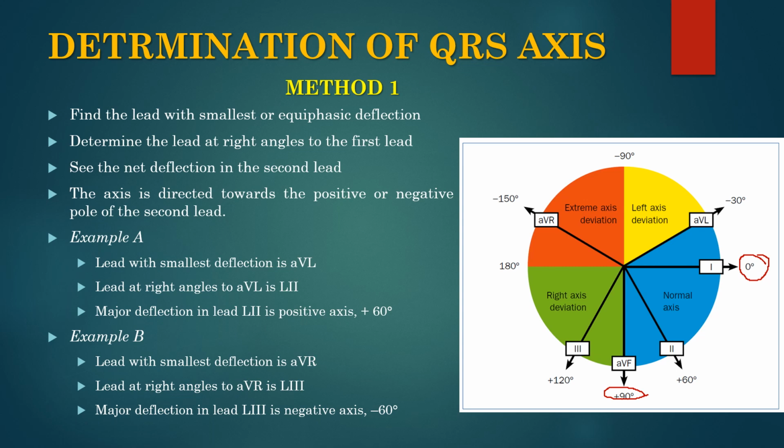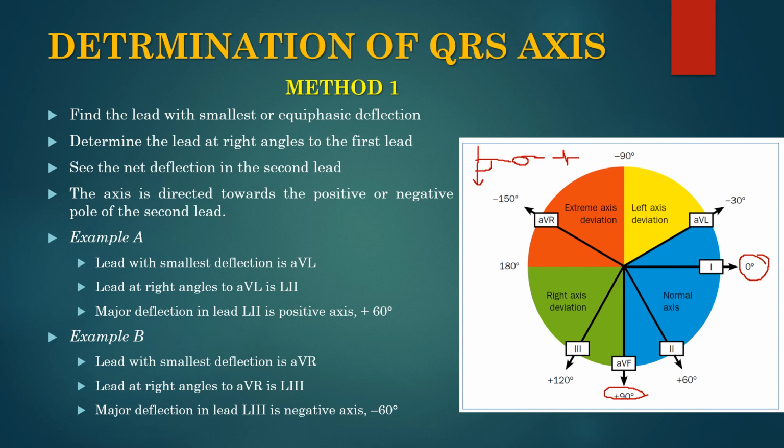The main rule is that the resultant vector will produce positive deflection towards its main axis. If someone is viewing that resultant vector from a perpendicular lead, then the deflection will be equal negative and positive. That is the rule in this first method.